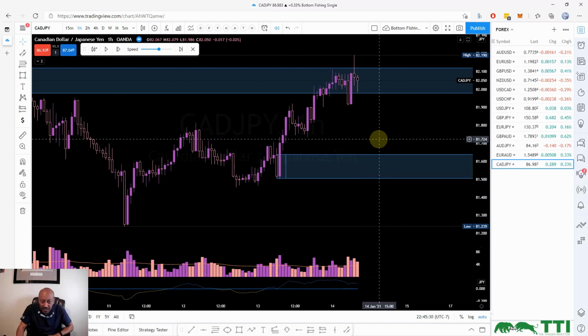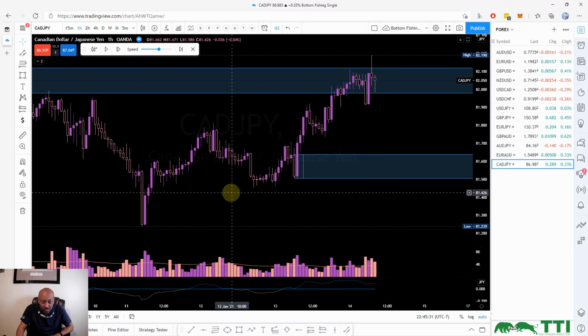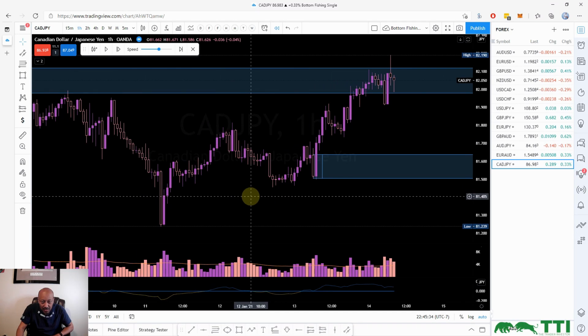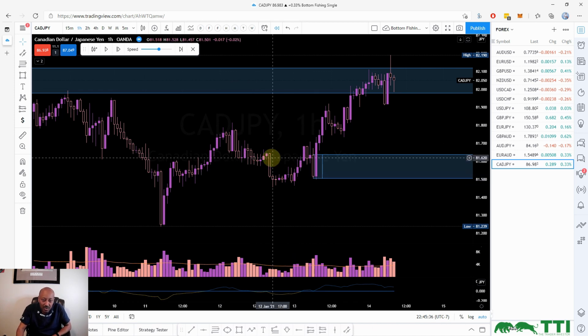So here's the first one. On this bar, the hourly Canadian dollar Japanese yen, January 12th 2021 bar, price made a low of 81.60, and after that price has just been going down.